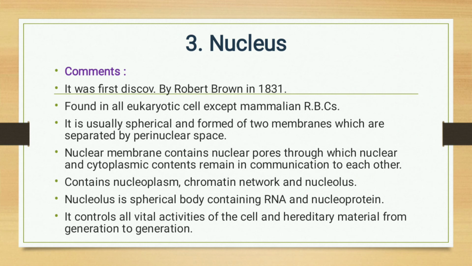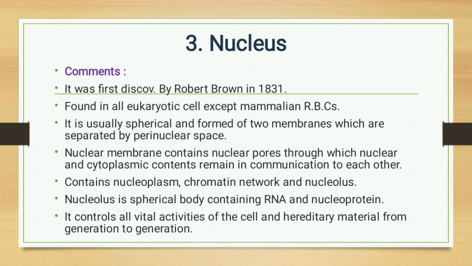Now we see our third cell organelle, that is nucleus. Nucleus was first discovered by Robert Brown in 1831. It is found in all eukaryotic cells except mammalian RBCs, which lack the nucleus.